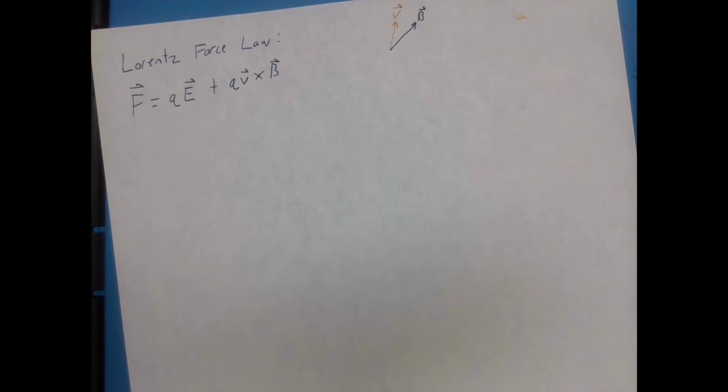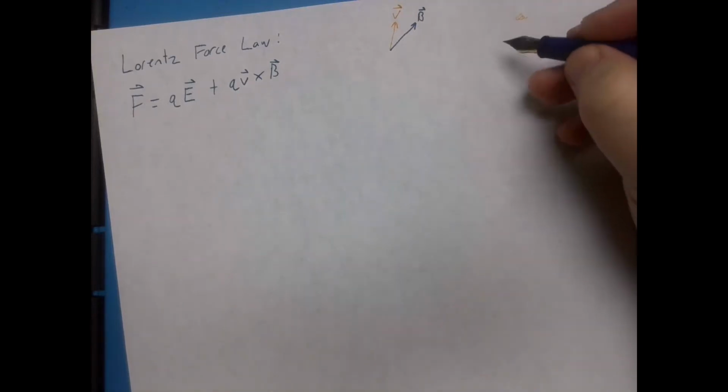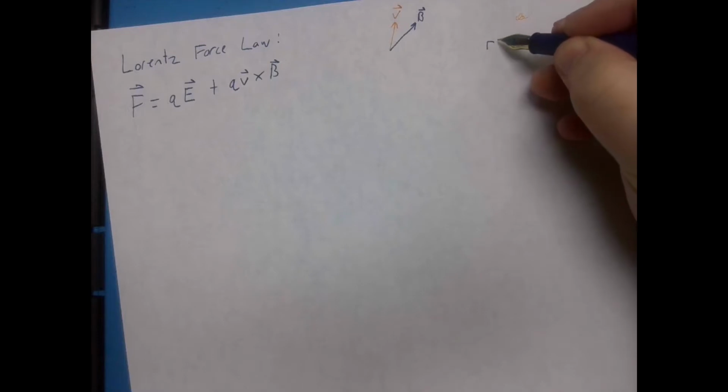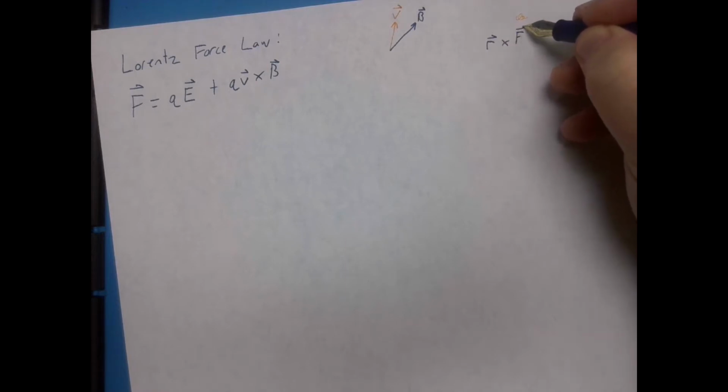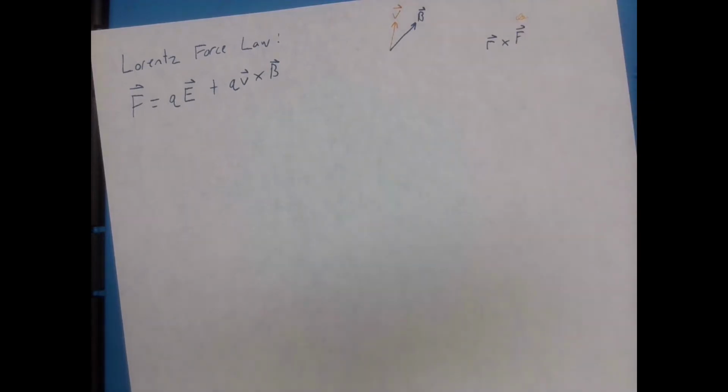Because with torque is R, your displacement from the pivot point, cross product with force. So let me see.